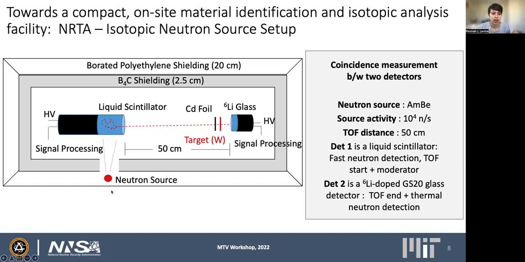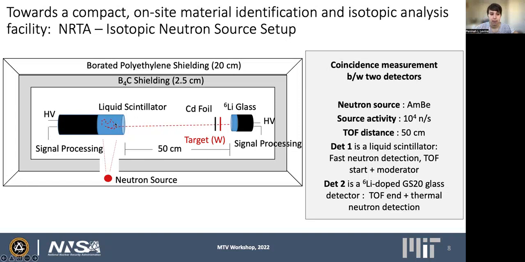Now detailing how this system works. We start with our isotopic neutron source, in this case AmBe, and the neutrons coming off that source at a rate of 10 to the 4 neutrons per second will interact in our first detector, which is a liquid scintillator, and detects fast neutrons. And this is where our time of flight starts.